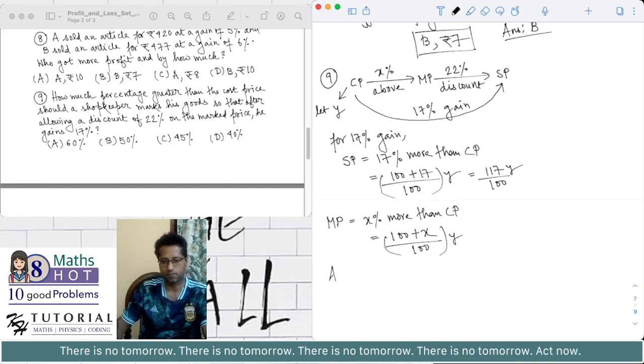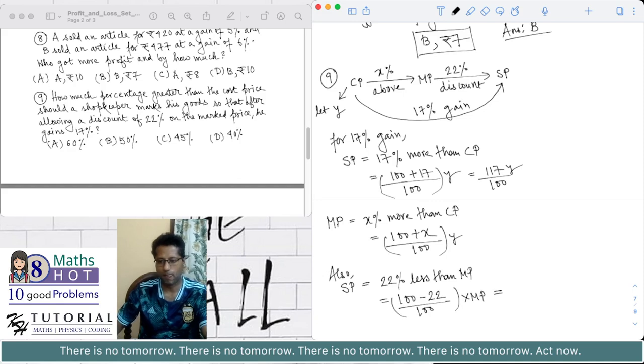So SP is also 22% less than mark price. This is equal to 100 minus 22 divided by 100 multiplied by marked price. This is equal to 78 by 100 multiplied by mark price, which is 100 plus X divided by 100, this whole multiplied by Y.